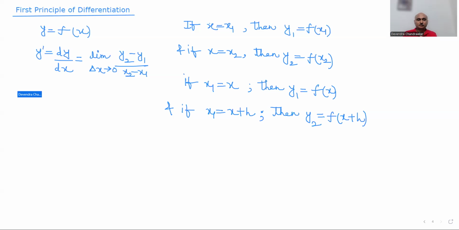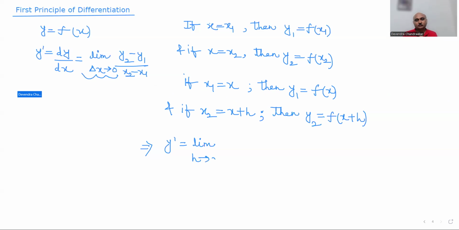So this implies that y dash will be limit delta x tends to 0. What is delta x? x2 minus x1. Sorry, this was x2, right? That's why I think you guys got confused. So x2 is x plus h, then y2 will be f of x plus h. So delta x is x2 minus x1, which in this case will be h.